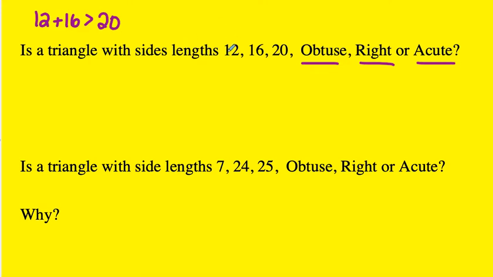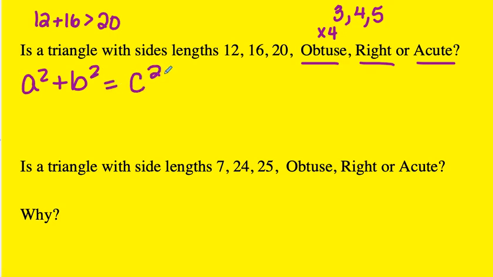Well, in looking at this triangle, I happen to notice, and maybe you do, that these could be a 3, 4, 5 Pythagorean triple. And if I multiply each of them by 4, I can prove that it's a Pythagorean triple. Remember, Pythagorean triples only exist when a squared plus b squared equals c squared, when c is the longest side.